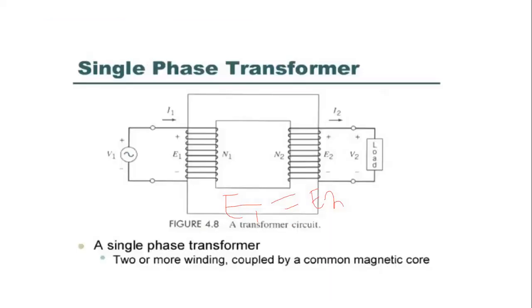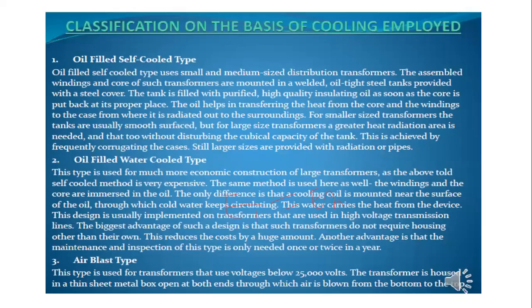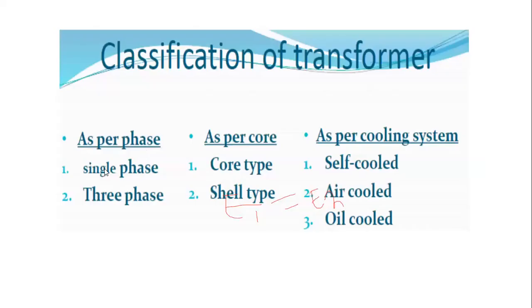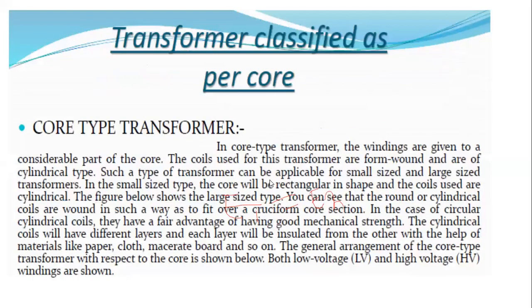These are the different types of transformers. On the basis of phases, transformers are classified into single phase and three phase. Based upon the core, they are classified into core type and shell type. Based upon the cooling, they are classified into self-cooled, air-cooled, and oil-cooled transformers. Another type of transformer is the ideal transformer.